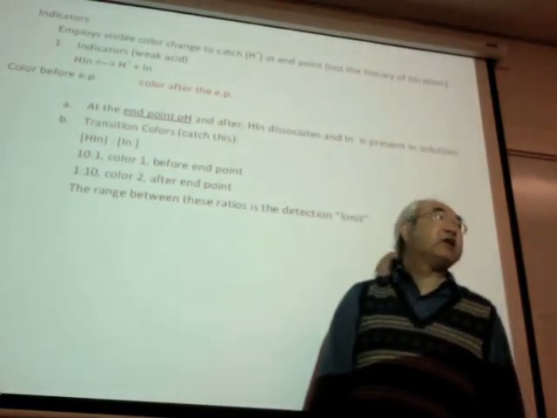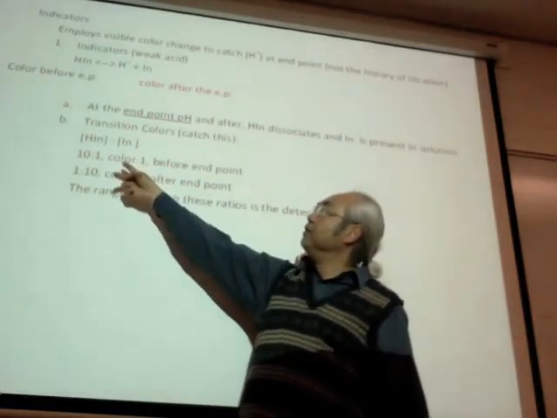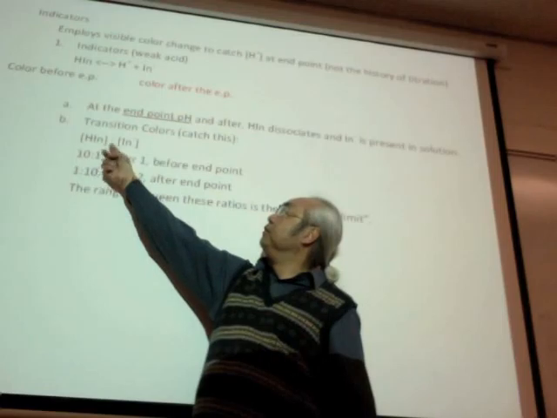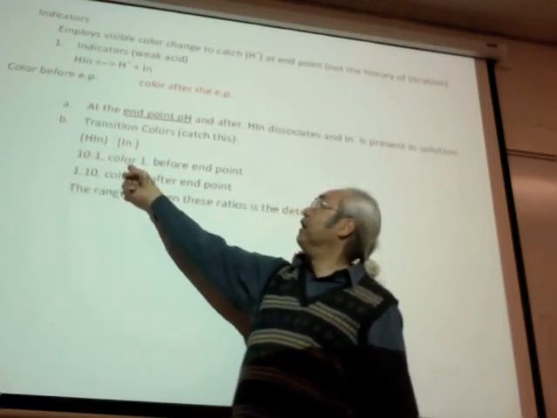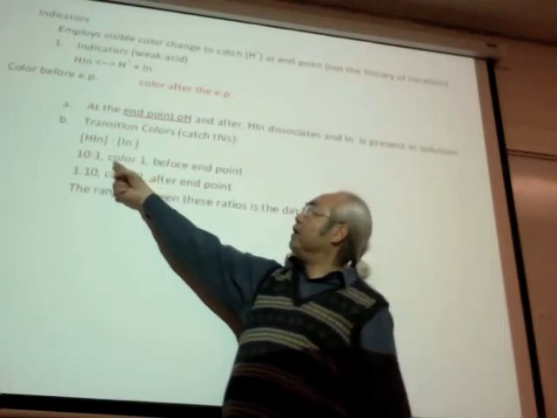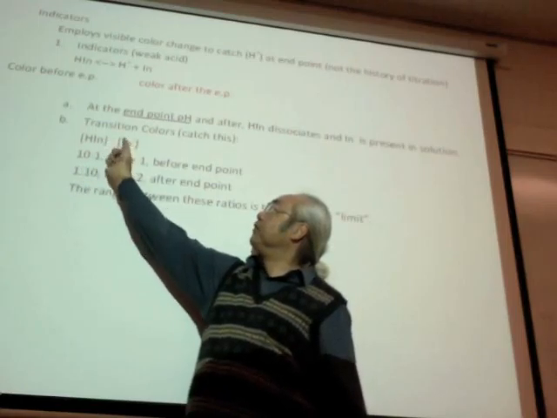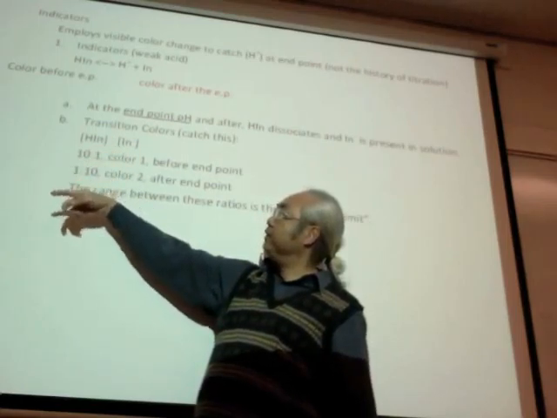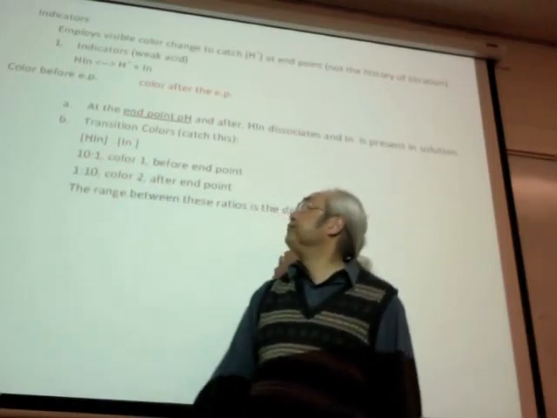By human eyes, it turns out that if the ratio of the two concentrations at equilibrium is 10 to 1, then you will see the color before the endpoint. So when the transition concentration ratio is 10 to 1, then you see this color.